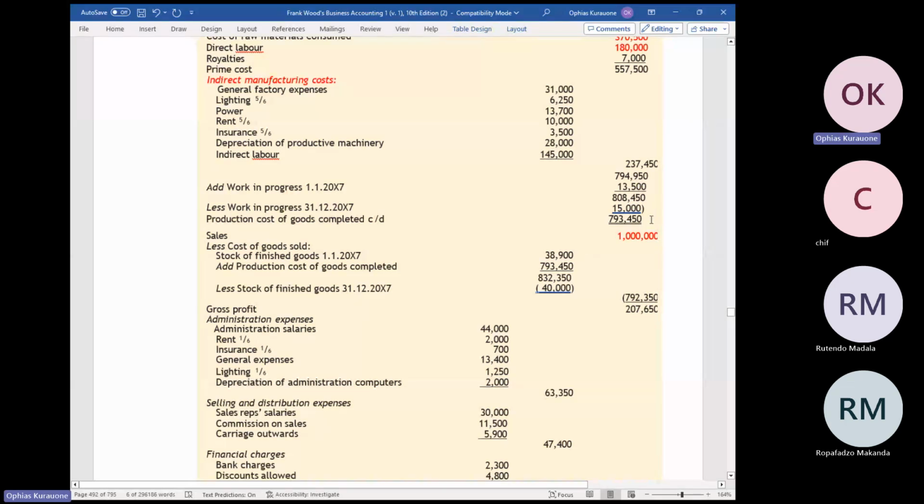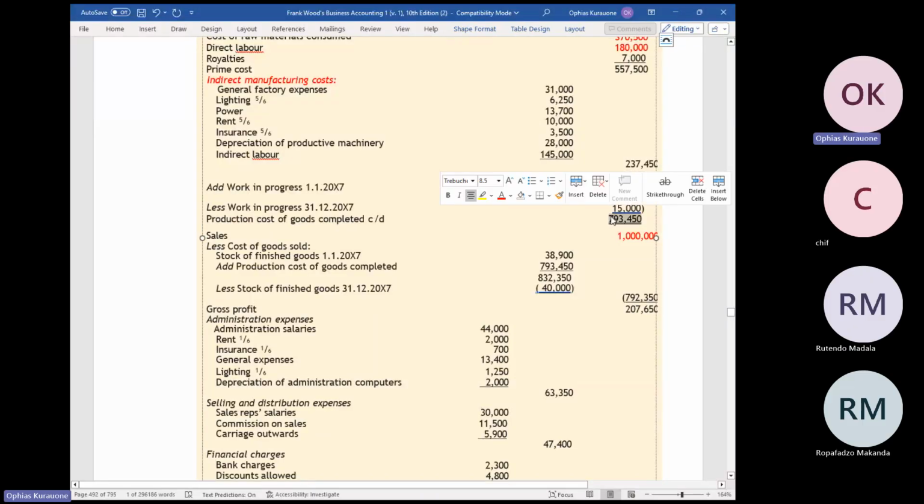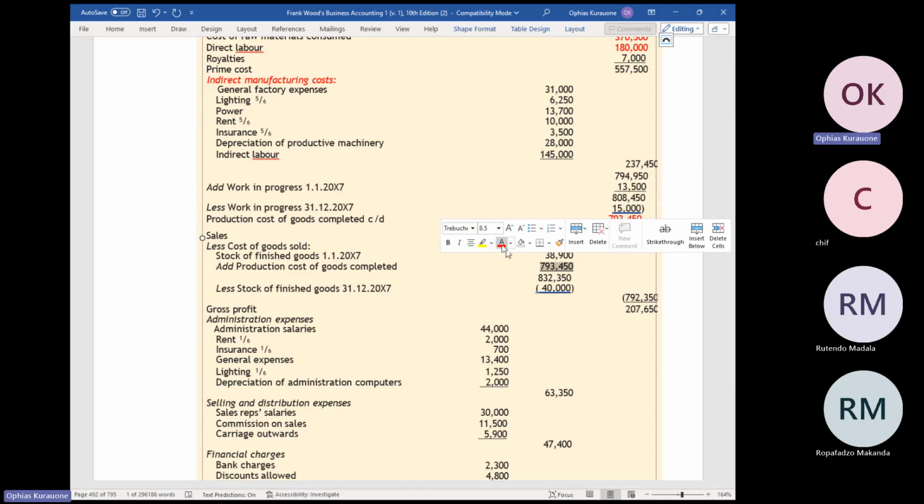This figure is supposed to be transferred to here. This figure is going to be transferred.